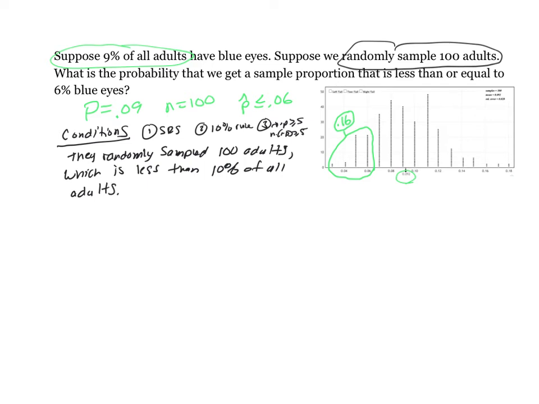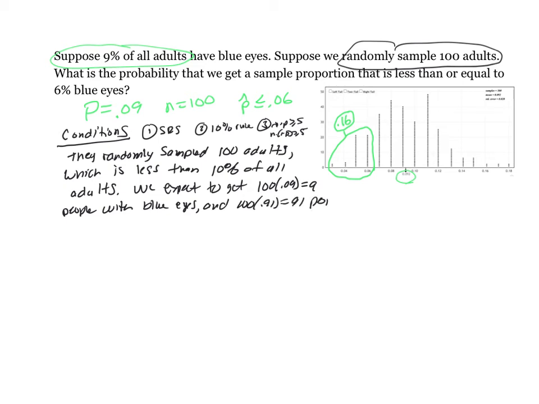And then we can say, we expect to get 100 times 0.09 equals 9 people with blue eyes, and 100 times 0.91 equals 91 people without blue eyes.